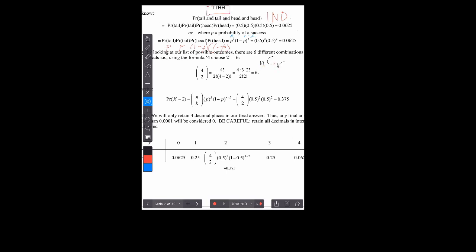So it's the number of ways of seeing r successes out of n possible successes. That's all it is. There's actually a symbol for that. It's actually programmed on your calculator. So what's programmed in your calculator is this.